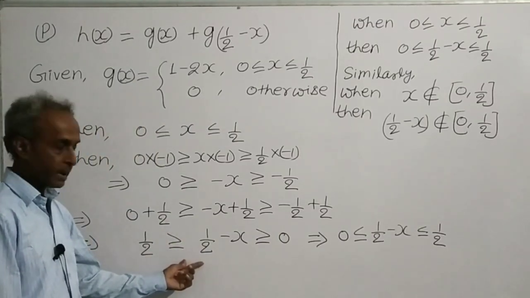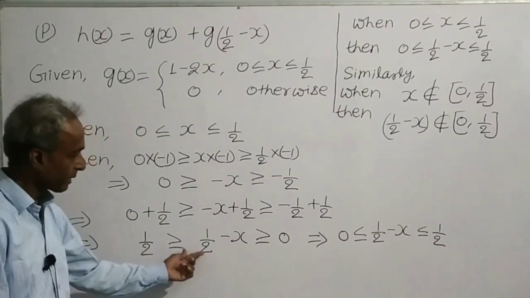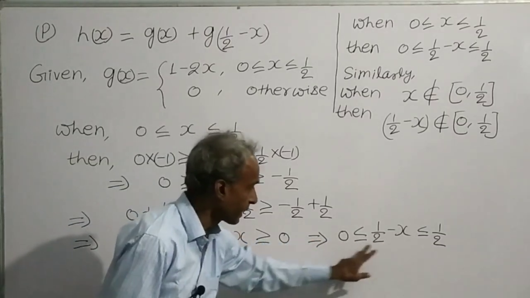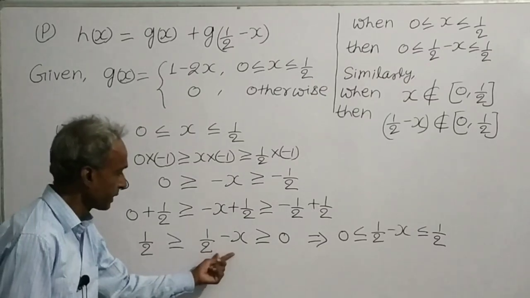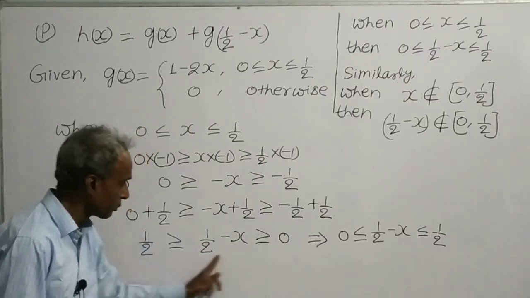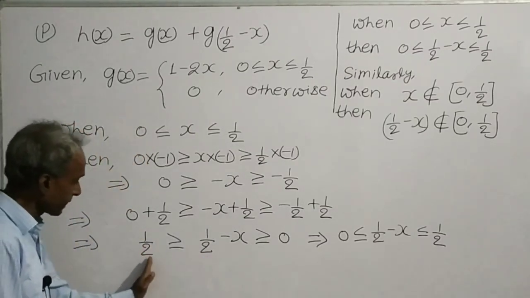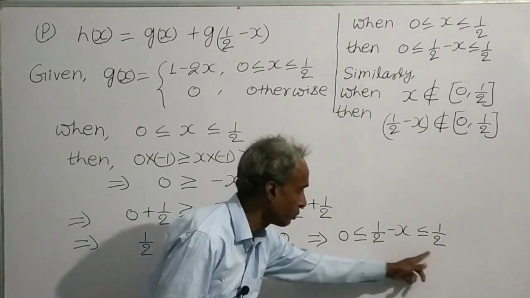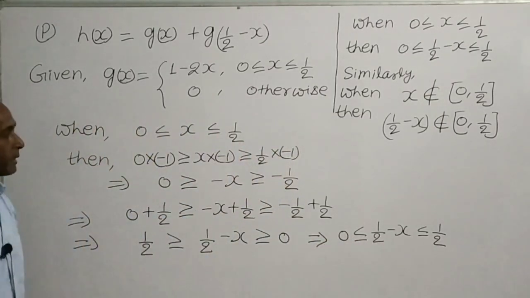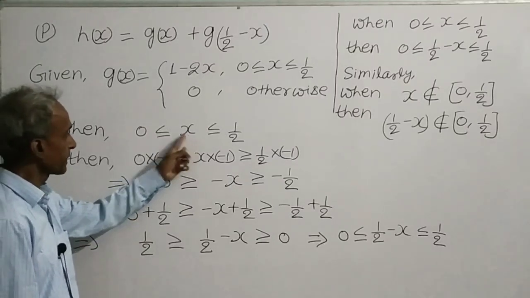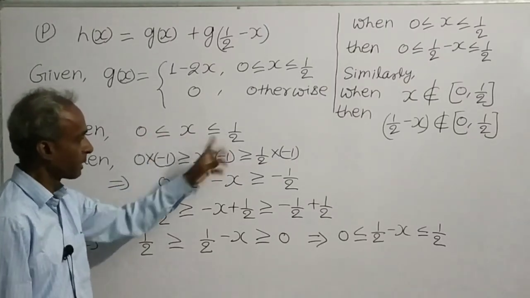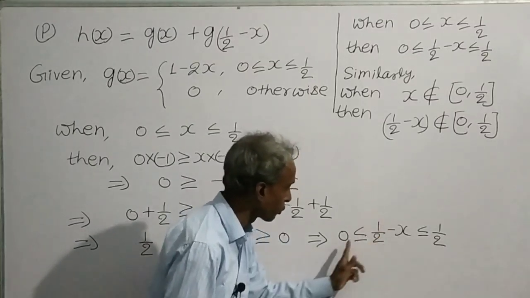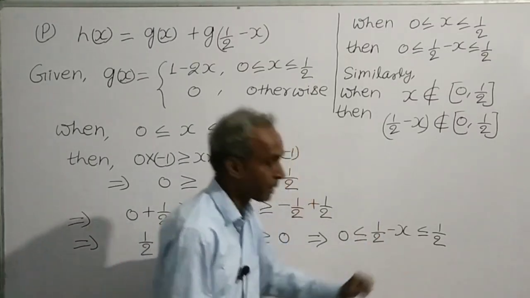And we can write this result like this also. This greater than or equal to 0, but less than or equal to 1 by 2. That means when x lies in this interval, then 1 by 2 minus x also lies in this interval.